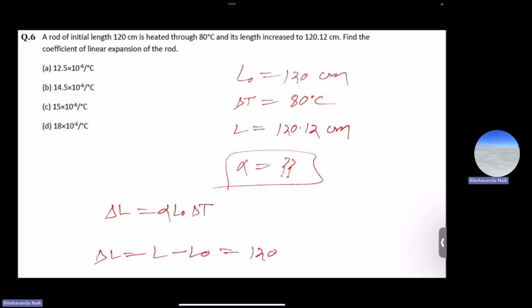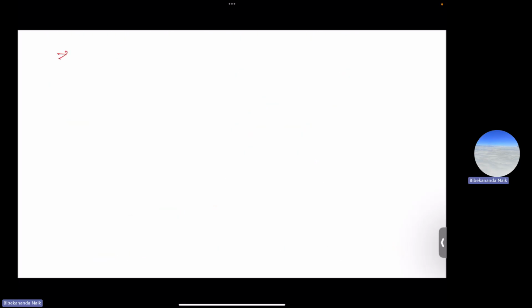So 120.12 minus 120, that is 0.12 centimeter. So 0.12 centimeter is equal to alpha L0 delta T. L0 is 120 centimeter, delta T is 80.